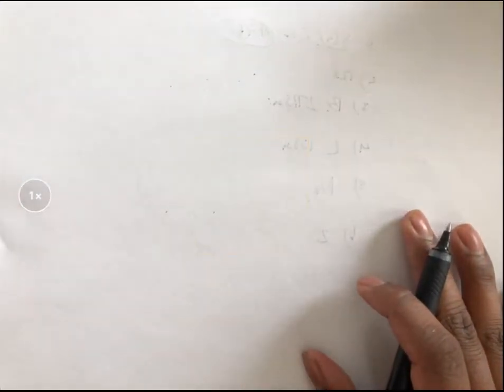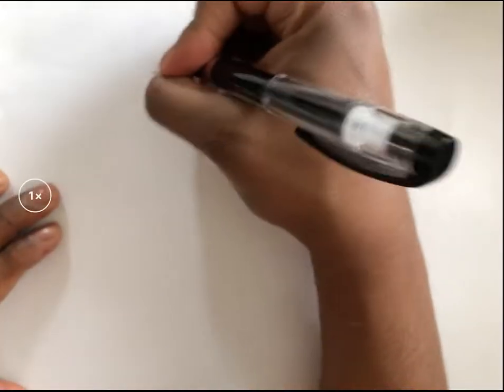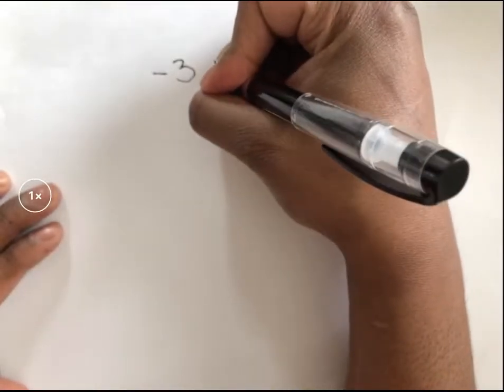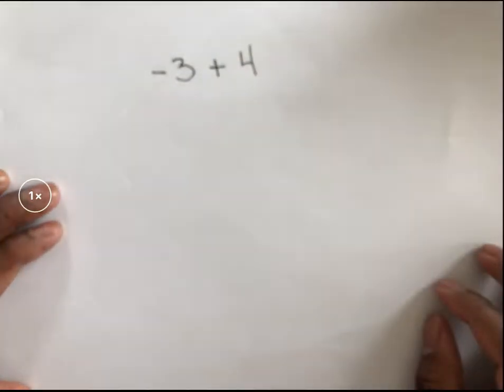For example, I like this paper. Go with a different one. For example, let's say I have the problem a -3 plus a +4.